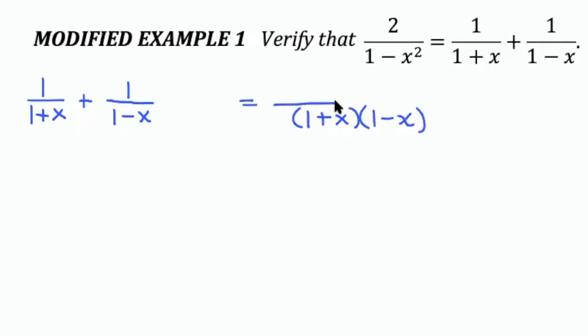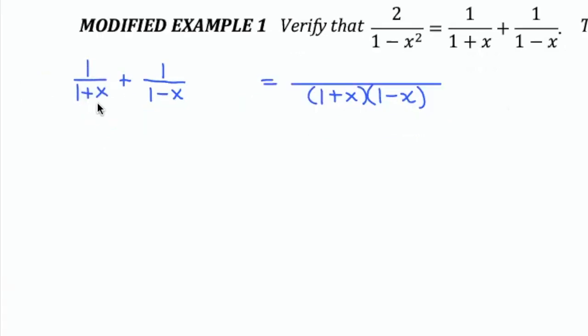So if that's going to be my common denominator, what I need to do then is change each fraction to have that denominator. With the first fraction, it has the 1 plus x factor. It's missing the 1 minus x on the bottom. So I want to multiply the bottom by 1 minus x. But to keep the fraction equivalent to the original, I need to do that to the numerator as well.